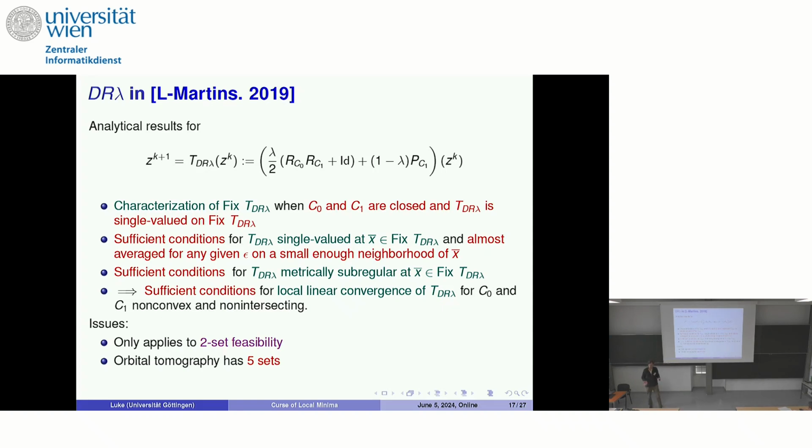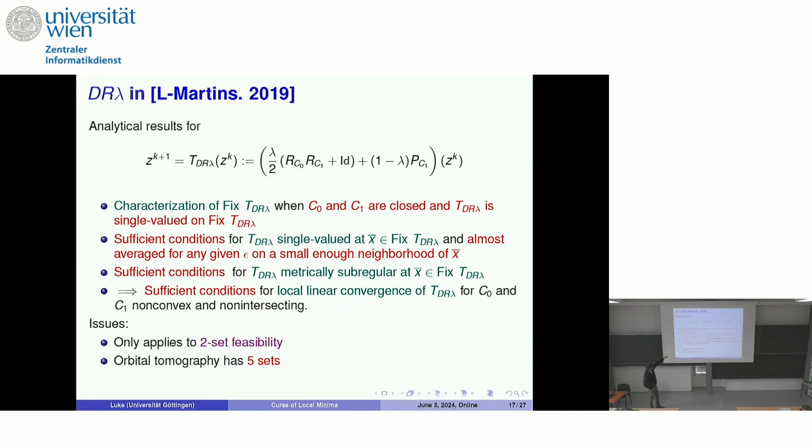Sounds like a reasonable assumption, and we've given sufficient conditions for when that holds. It depends on the regularity of the sets. Weakly convex certainly falls into this category, but we can deal with sets that have inside corners and things like that, so slightly more general.